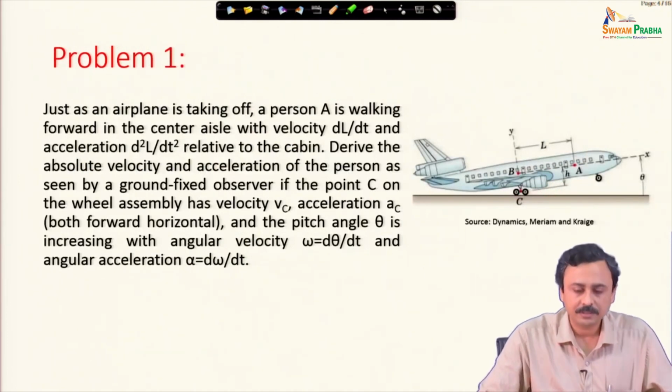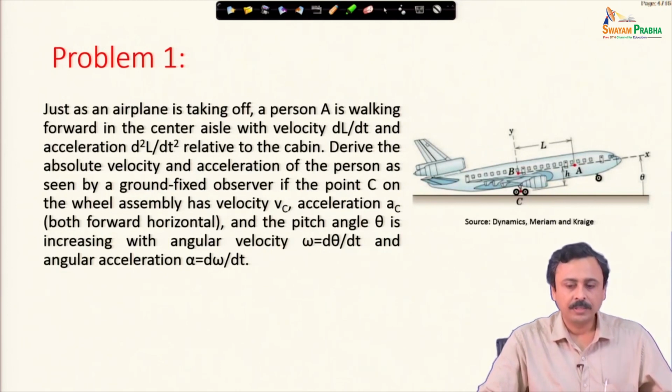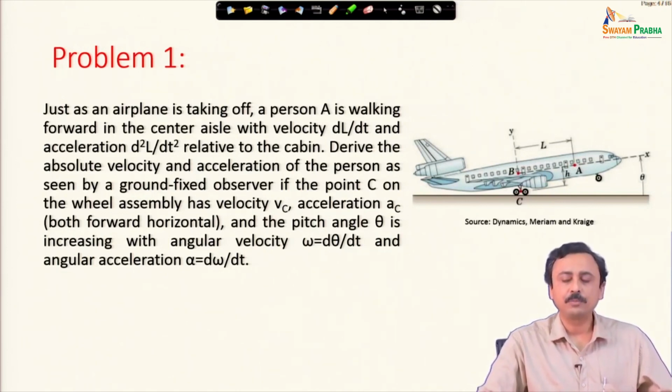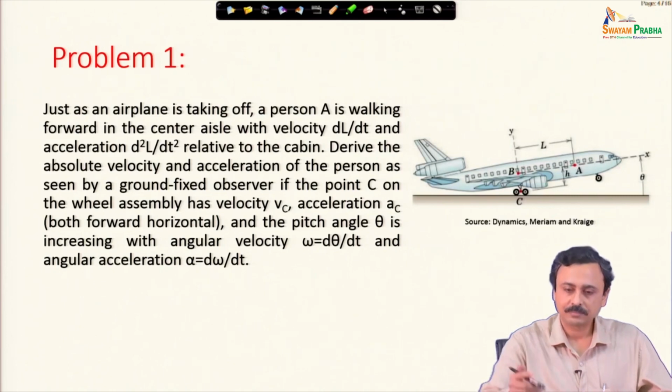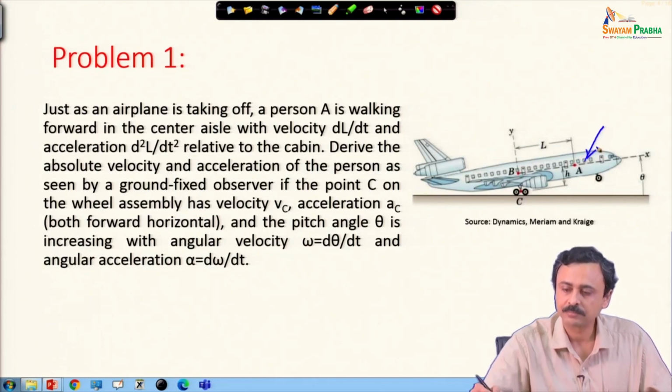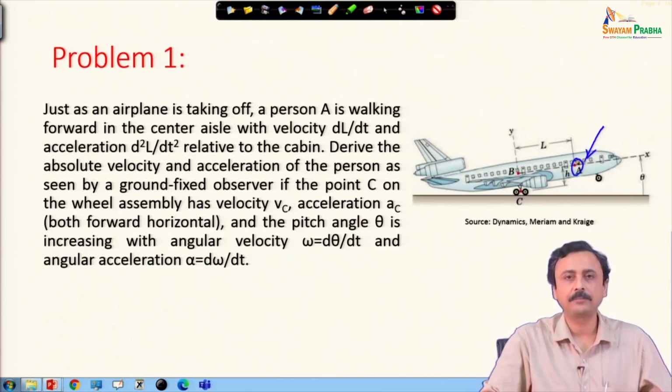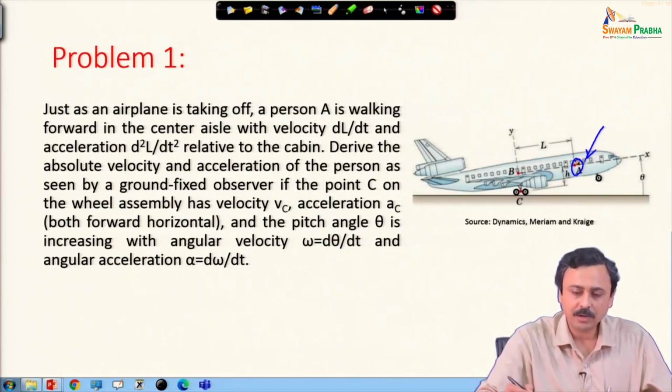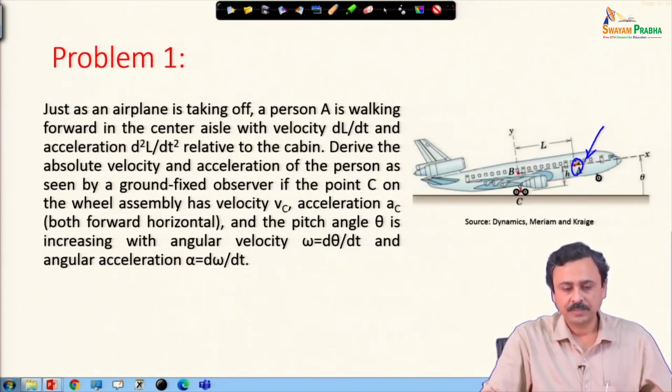Let us understand with some examples now. In this problem, which is taken from the book of Meriam and Craig, just as an airplane is taking off, a person A, I will mark out the person A here, is walking forward in the central aisle with velocity dL/dt, L is marked out in this figure, and acceleration d2L/dt2 relative to the cabin.